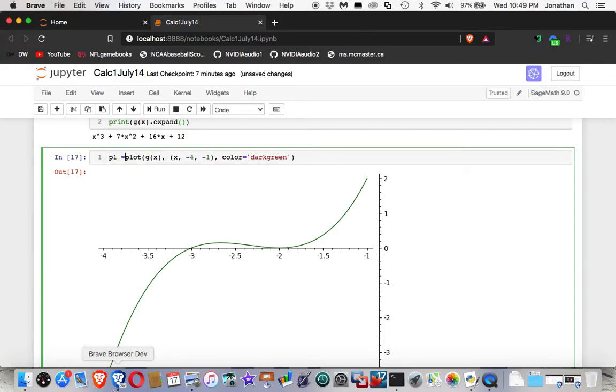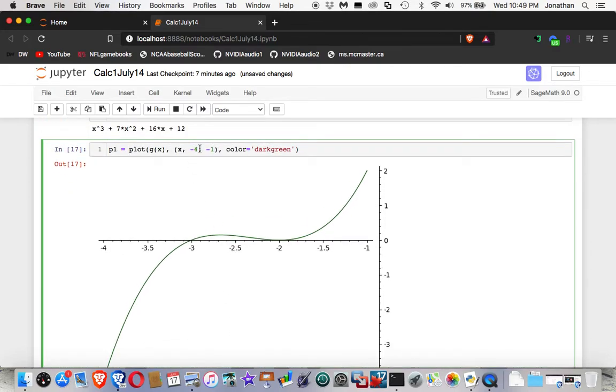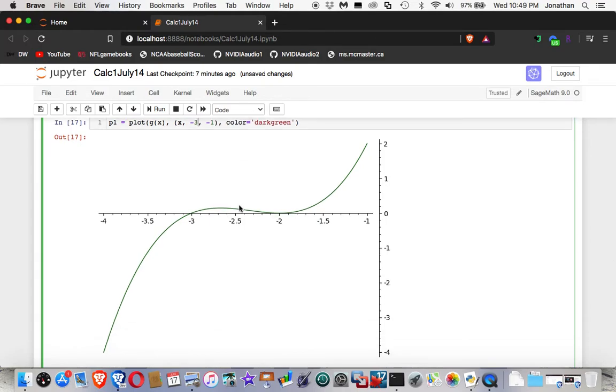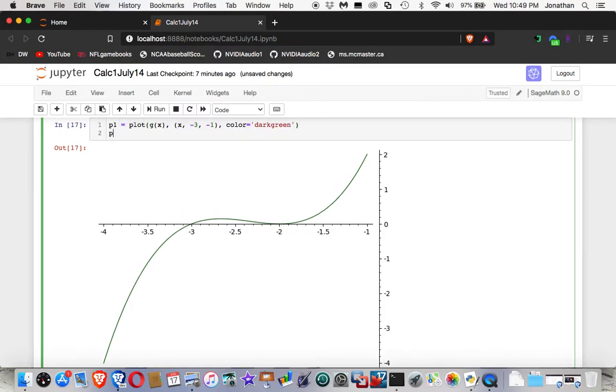So let's say that P1 is my plot of g of x. I'm just going to change the domain for the moment, and I'm going to define a second plot, and this is going to give me the plot of the tangent line.